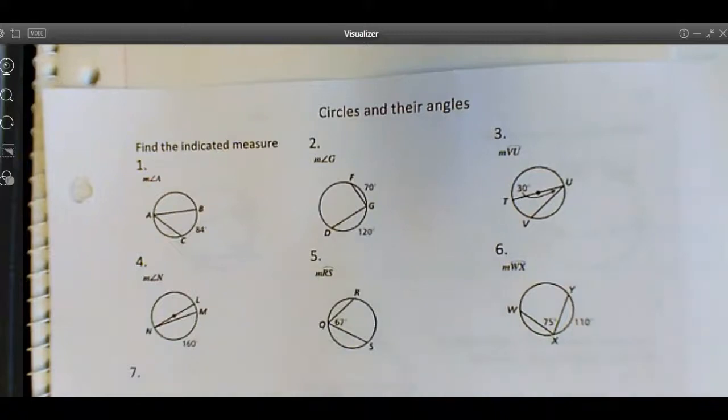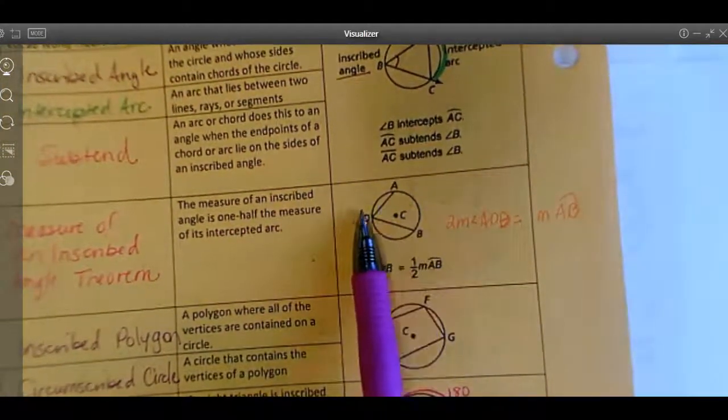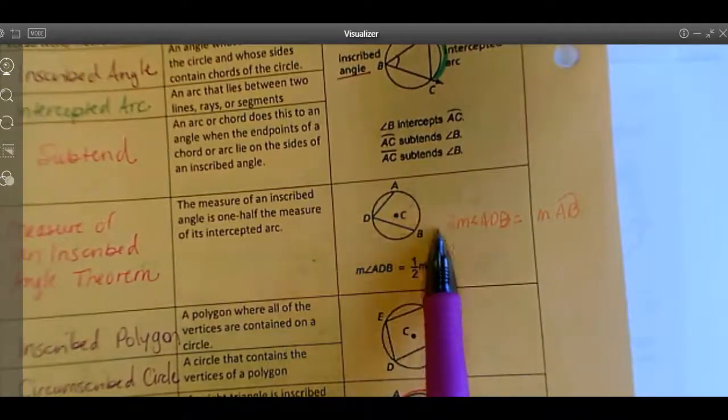Okay? So 1 through 6 is kind of helping you understand how to find the angle when it's coming from the side of the circle. Our rule was that the angle and the arc are not equal, but the angle is half the arc.